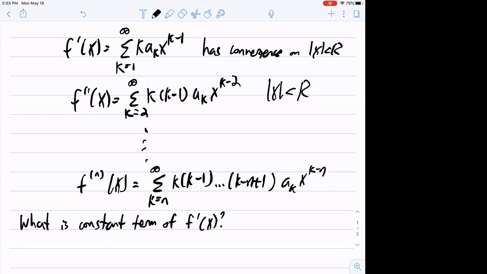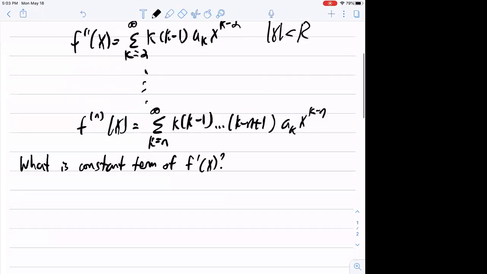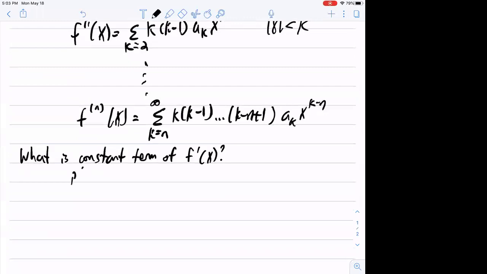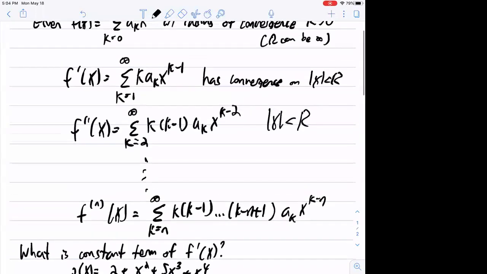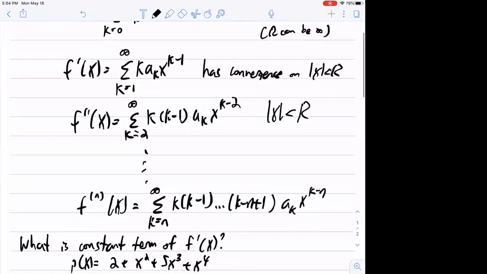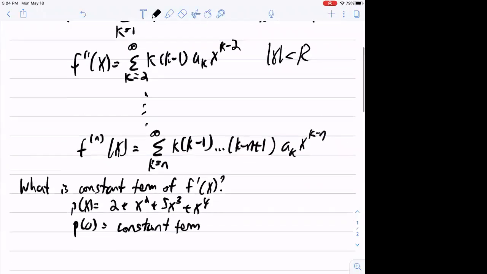Well, I plug in 0, right? Because if you just think of a polynomial, like 2 plus x squared plus 5x cubed, something, just make it up, p of 0 is the constant term. If you think of a Taylor series, it's the same idea: when you plug in x equals 0, everything but the constant term goes away.